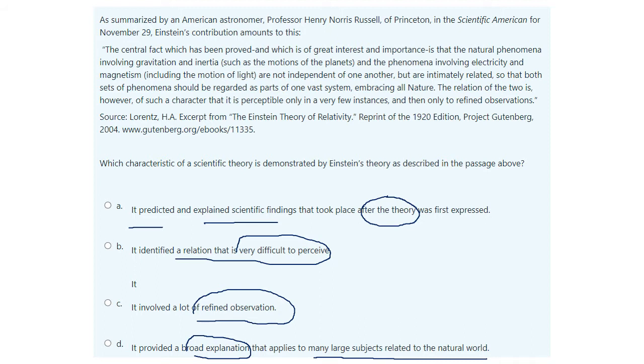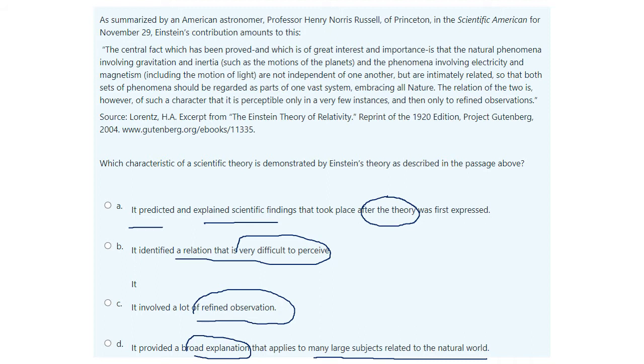So, as summarized by an American astronomer, Professor Henry Norris Russell of Princeton, in the Scientific American for November 29, Einstein's contribution amounts to this: the central fact which has been proved, and which is of great interest and importance, is that natural phenomena, things that we can see, involving gravitation and inertia, such as the motion of the planets, and phenomena involving electricity and magnetism, including the motion of light, are not independent of one another, but are intimately related.